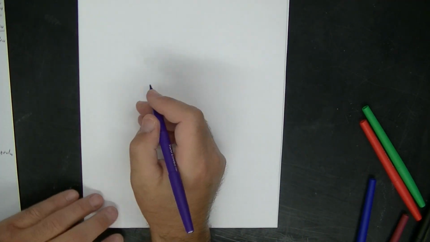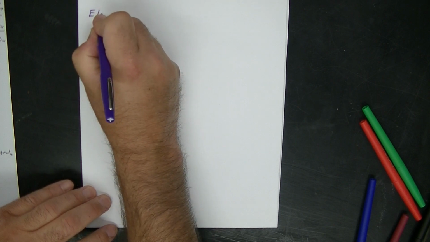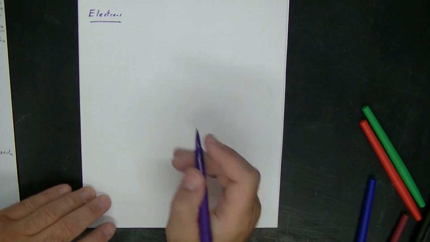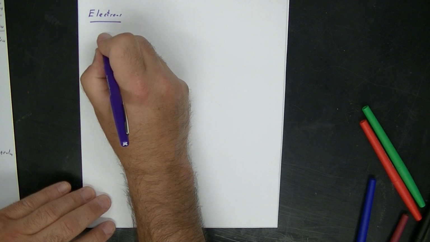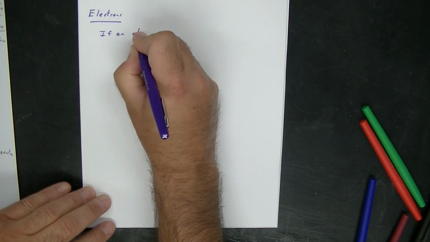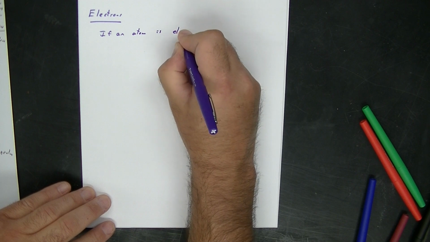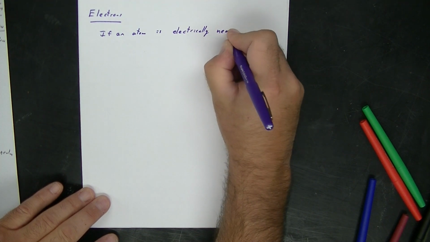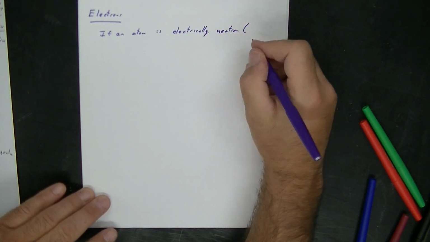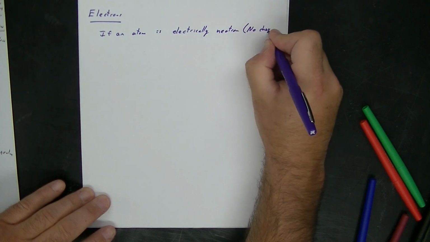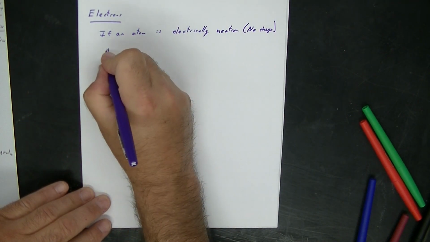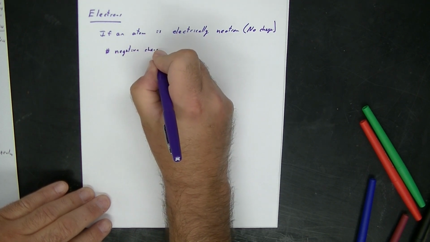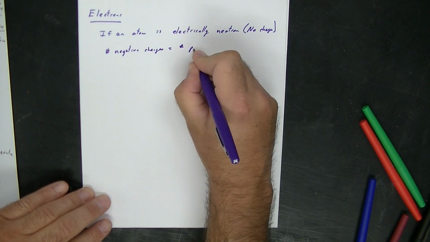Next place we need to be able to go is into electrons. If an atom is electrically neutral, in other words, it has no charge, what that's telling us is the number of negative charges is equal to the number of positive charges.